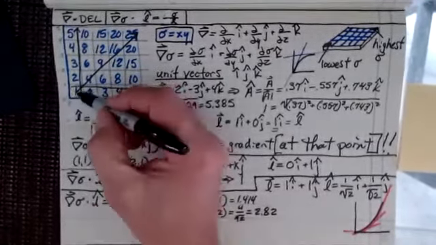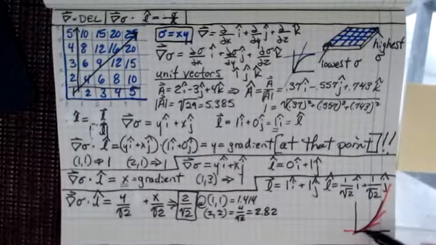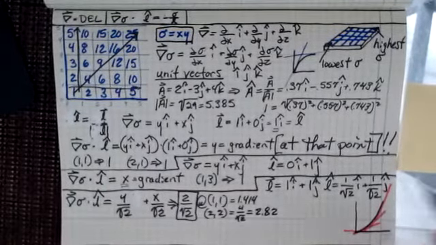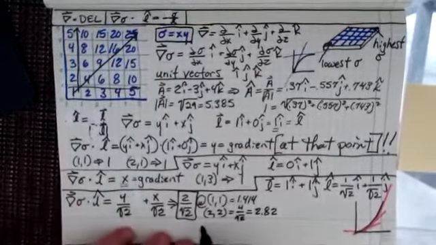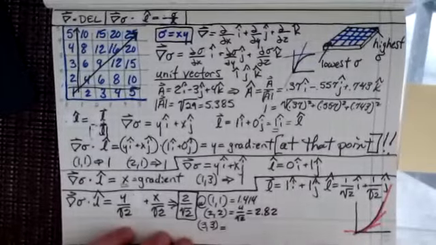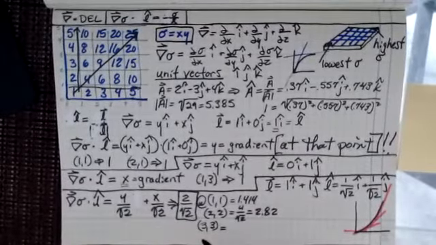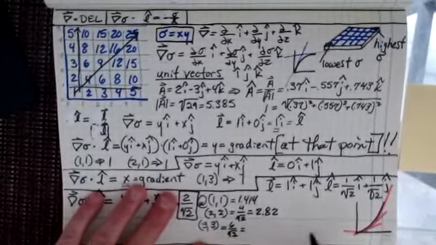So you can see that right here I've got a certain slope, and then up there I've got a slope that's twice as great as that. Let's go to 3, 3 and see how that works out. So at 3, 3, the slope of my line is going to be 3 over the square root, or 6 over the square root of 2. Right?